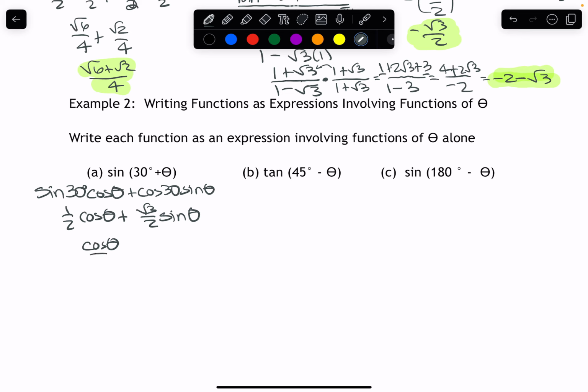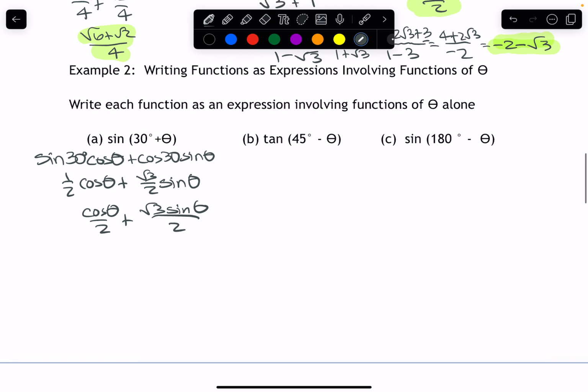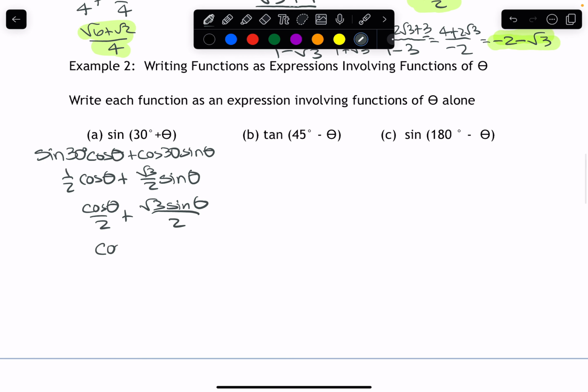That makes this cosine of theta over 2 plus square root of 3 times the sine of theta over 2. And since they both have the same denominator of 2, we can write this as a simplified single expression: cosine of theta plus square root of 3 times the sine of theta, over 2.